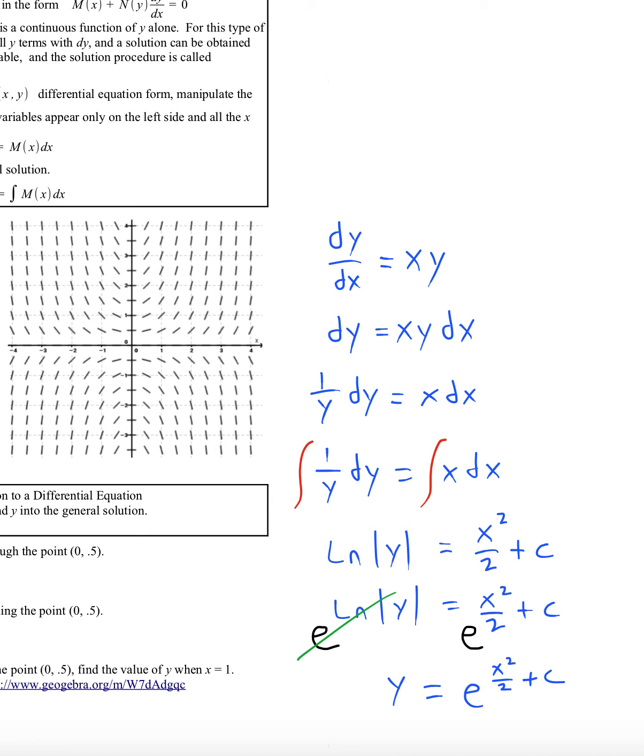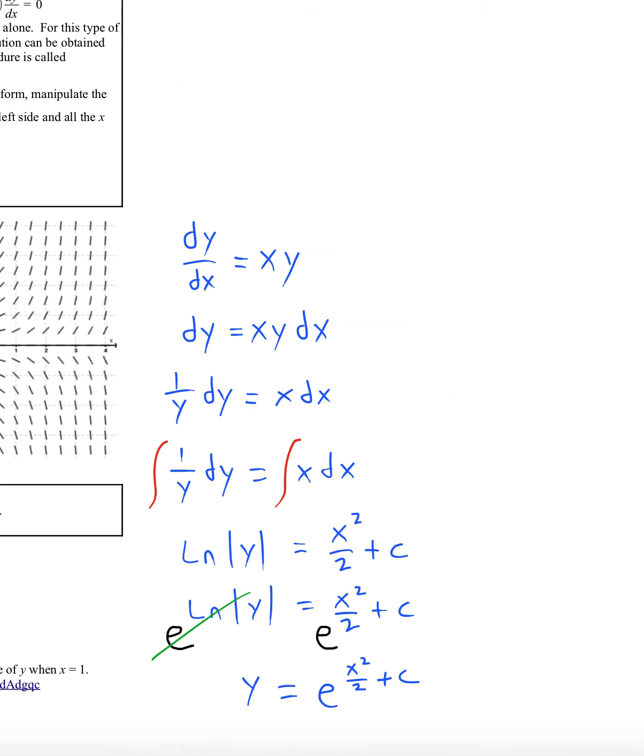Now, believe it or not, we can actually further simplify this. And the reasoning behind what I'm about to do next is this. We have addition of exponents here. So that would mean we could change it to e to the x squared over 2 times e to the c by rules of exponents. And so this e to the c is actually itself just a constant.